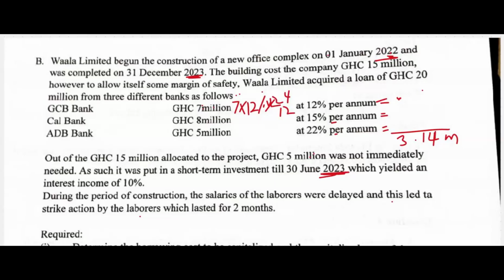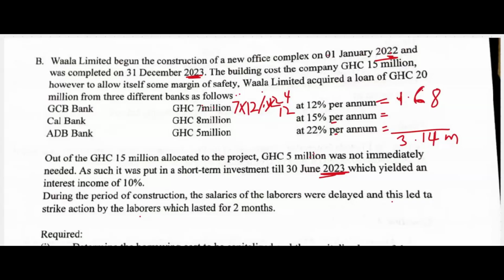So what do we have? Let's be quick. It's more than 2 hours. 7 times 12. Come again. 1.68. That's it. Then the next one. Yeah, it's correct here.